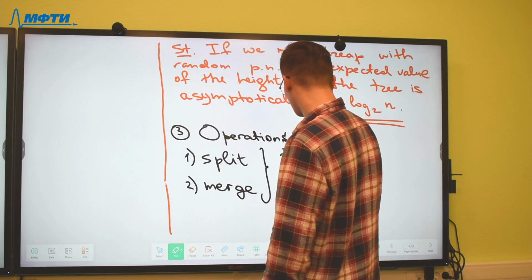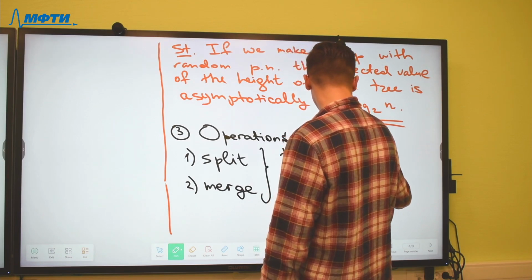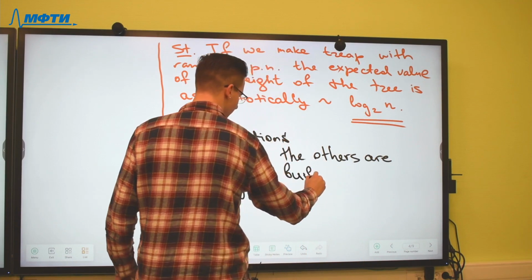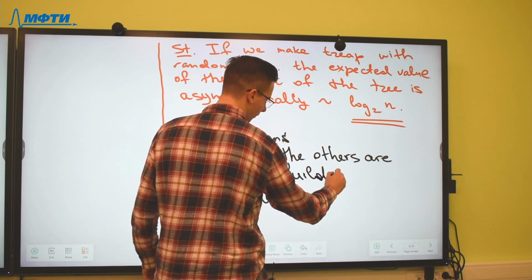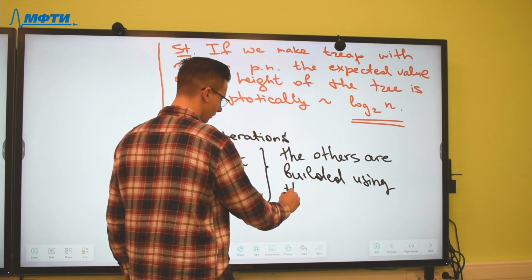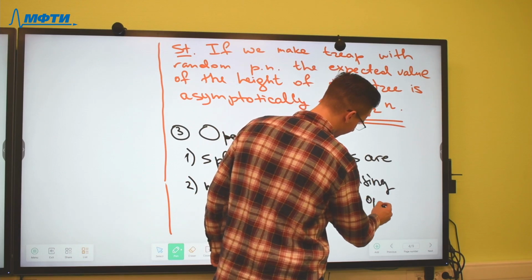And the others are built using these operations.